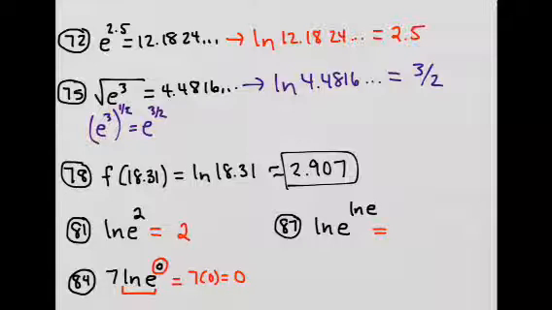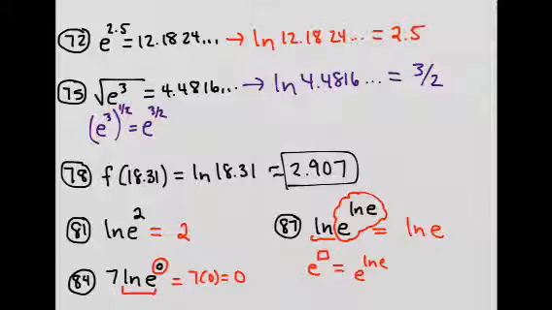And then on 87, natural log of e to the natural log of e is natural log of e. Because, again, remember what this means? We're saying this here means that we have a base e. We want to know what power makes it equal to this. So then we can see here that the unknown is the exponent right there. So that's the answer right there.